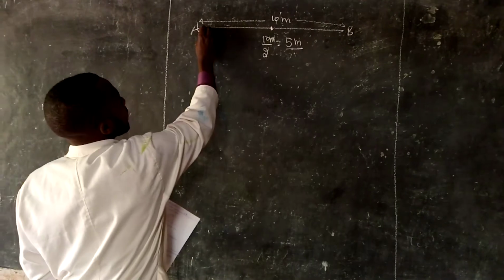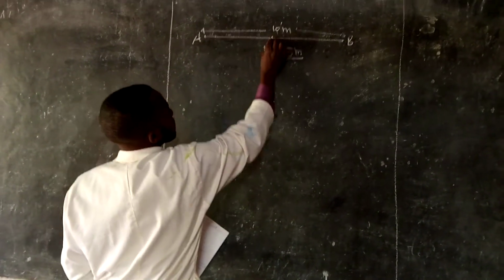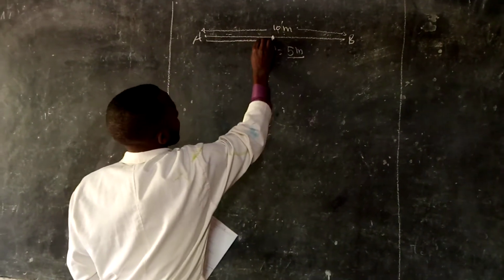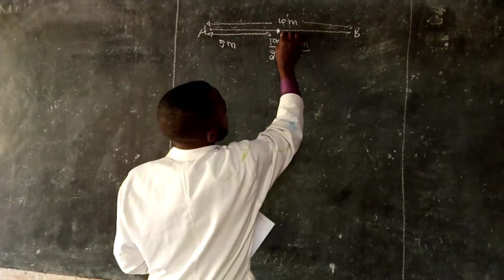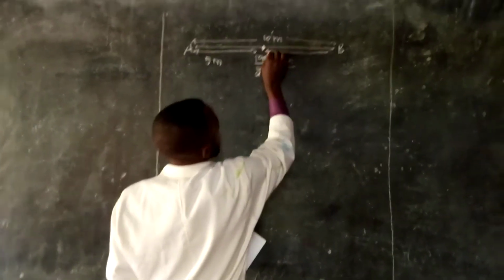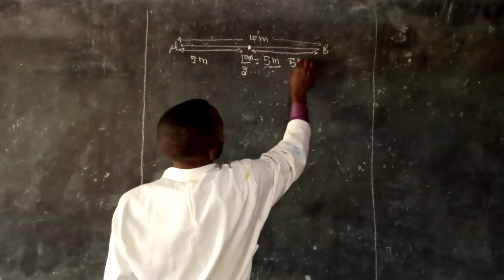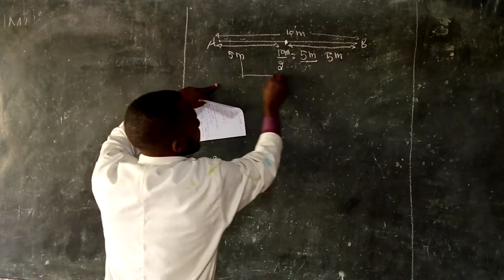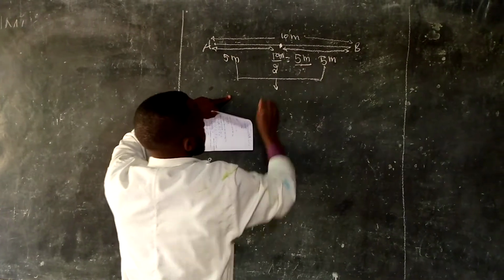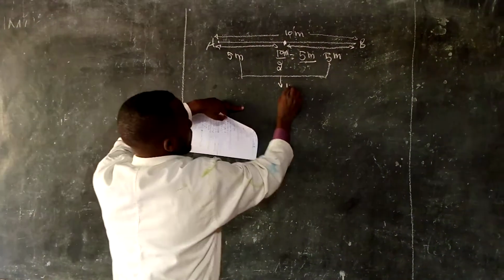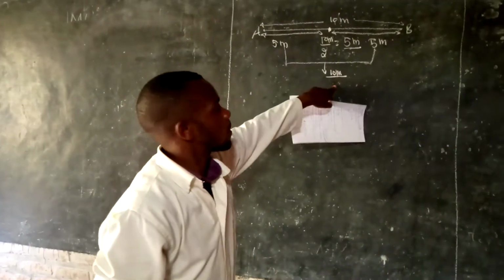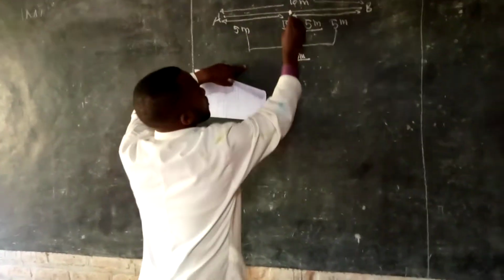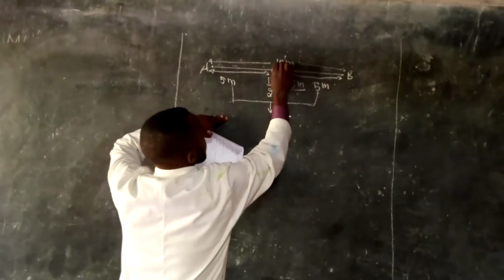It means that from point A up to this point, here we have 5 meters, and from this point to this one we have 5 meters. If you make the sum of those lengths, we get 10 meters, which is the whole length of the line segment. So today we are going to study this point.